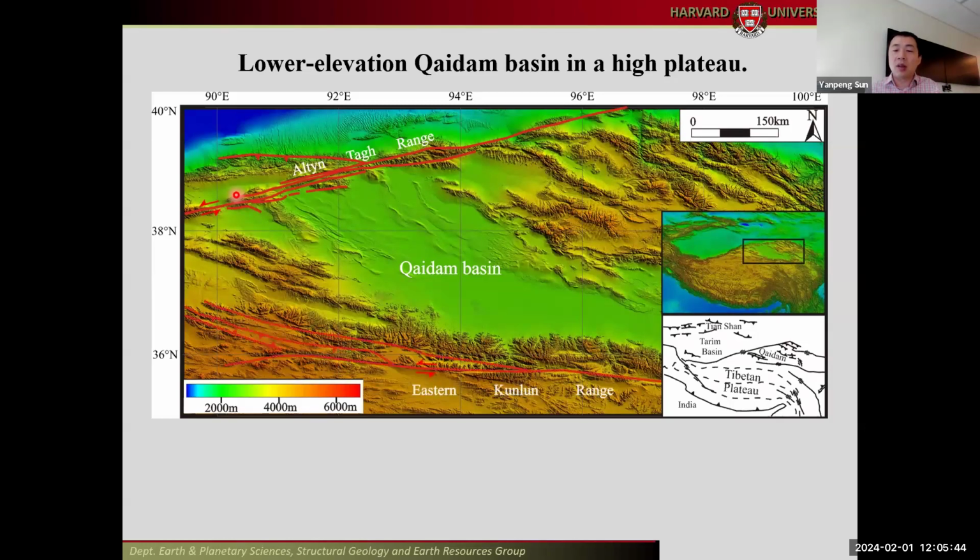To the south, you have another left-lateral strike-slip fault, the Eastern Kunlun fault, corresponding again with the mountain range here. Both of these bounding faults define, as I will introduce later, how the basin is deformed.